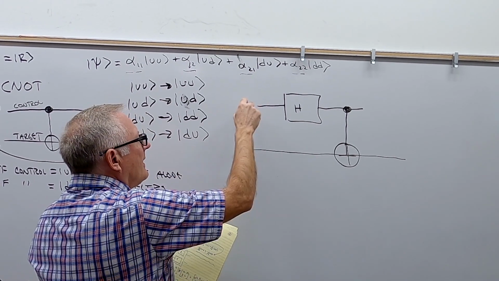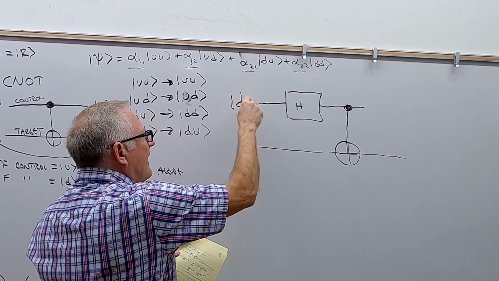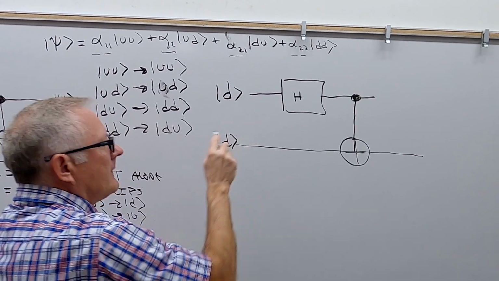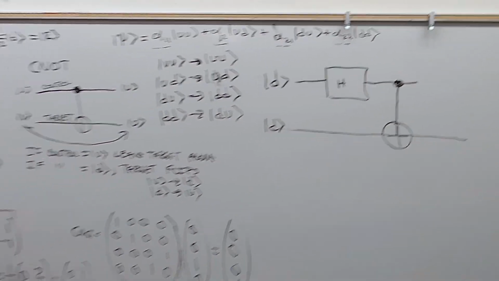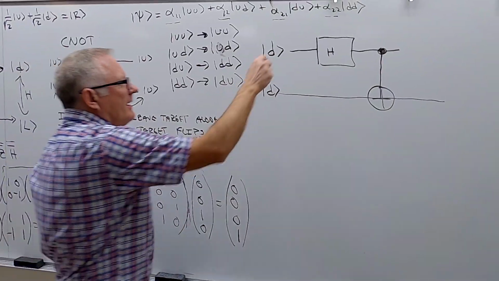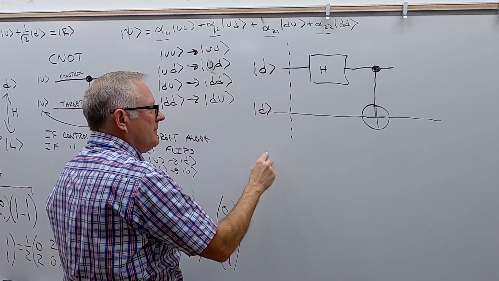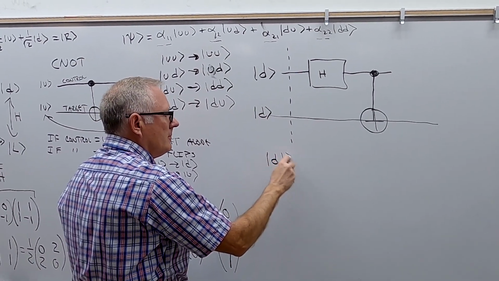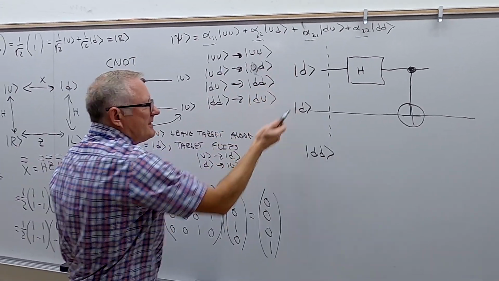Okay, and let me put in something. How about if I just put in a down and a down? I'll just randomly pick a down and a down. So that's what I have right here. So right at this point, the composite system is just down, down. That's all it is, where this is the first one and this is the second one.